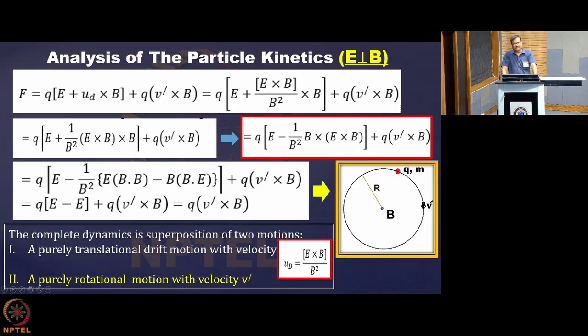So what you have got now, the ultimate motion, is a purely rotational motion with velocity V' and a translational motion in the direction perpendicular to both E and B, with magnitude E by B square. So you are seeing that the particle is now drifting in a direction perpendicular to both E and B, and simultaneously it is making a rotational motion around the magnetic field B with velocity V'.